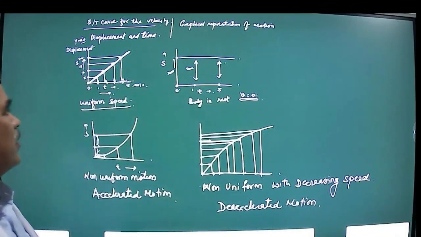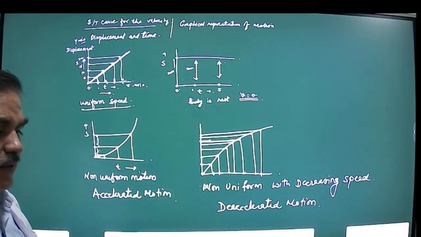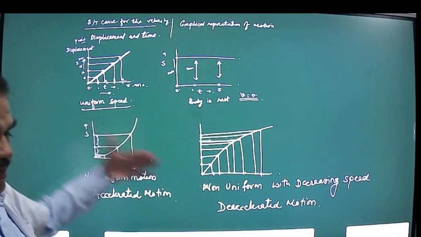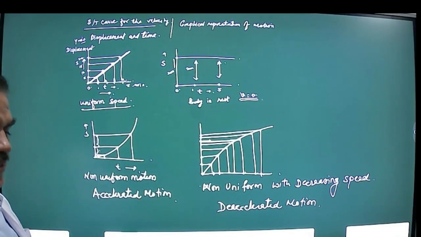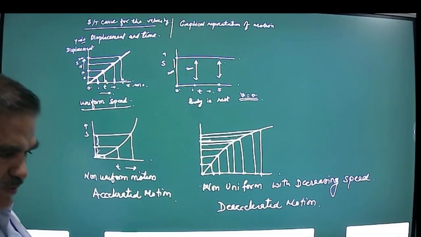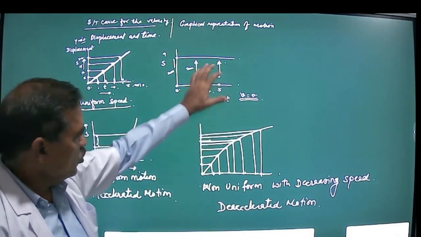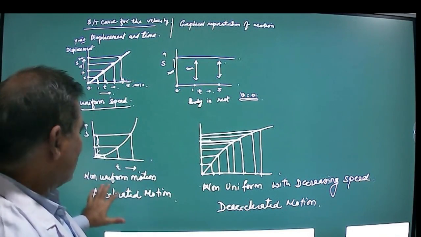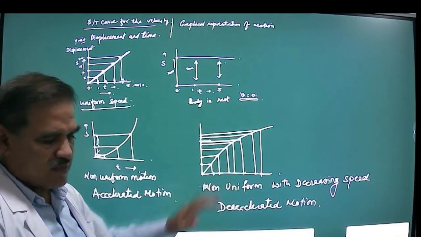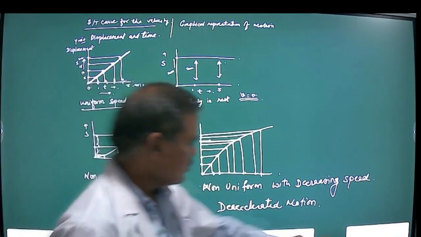So these are the four graphs which you keep in mind. They ask that if a diagram is given to you, you have to mention the category of the motion. So four categories: uniform speed, body at rest, accelerated motion or decelerated motion. What is accelerated motion?